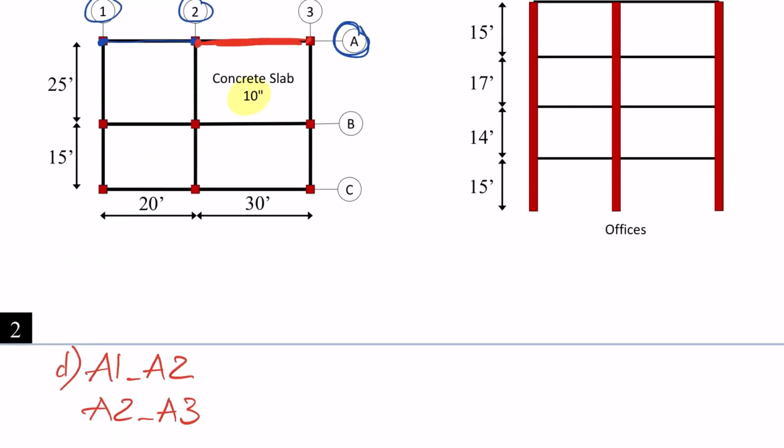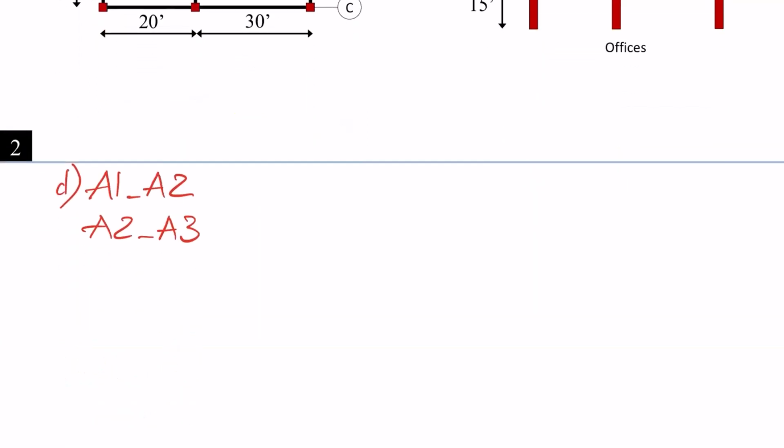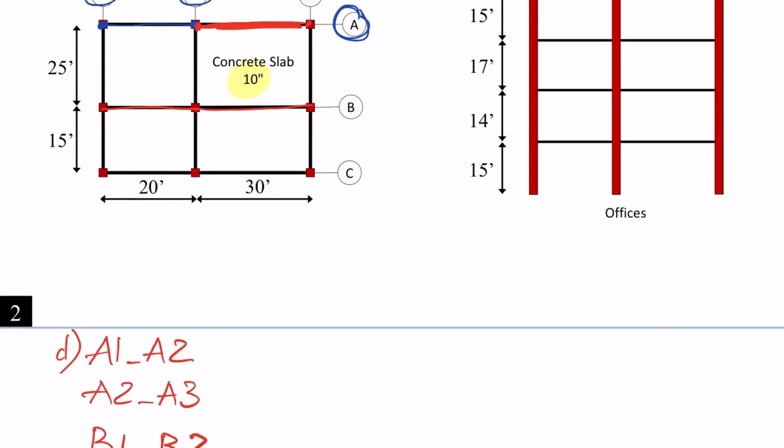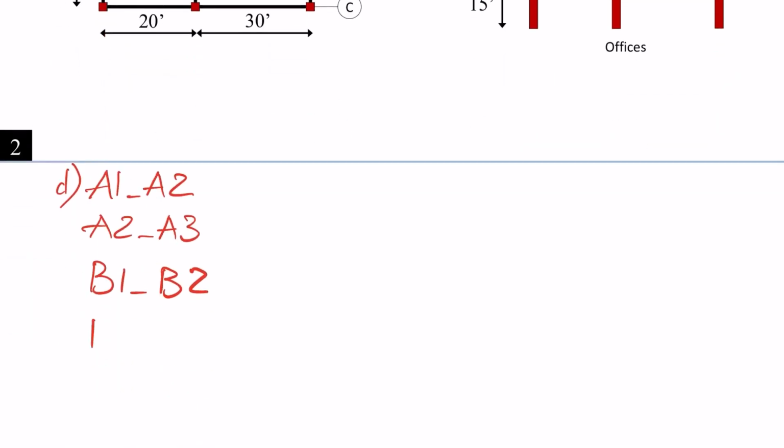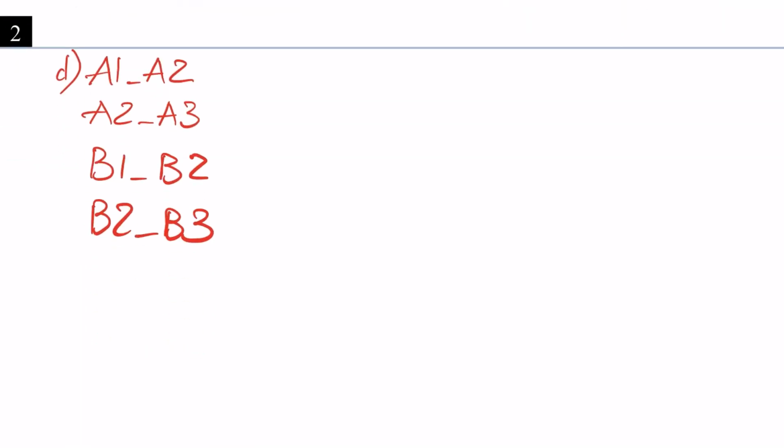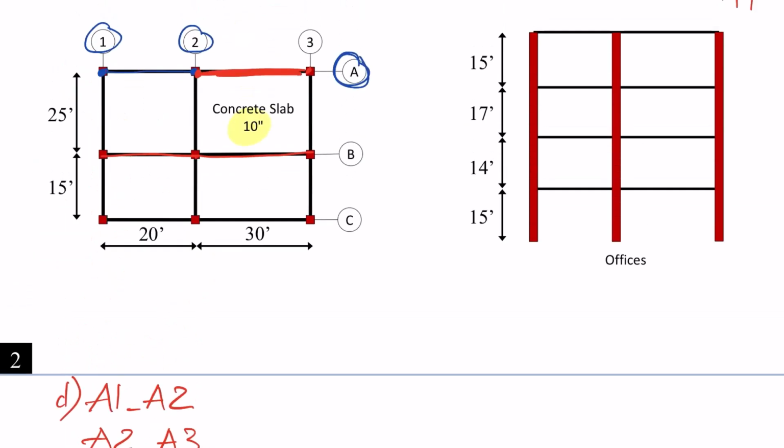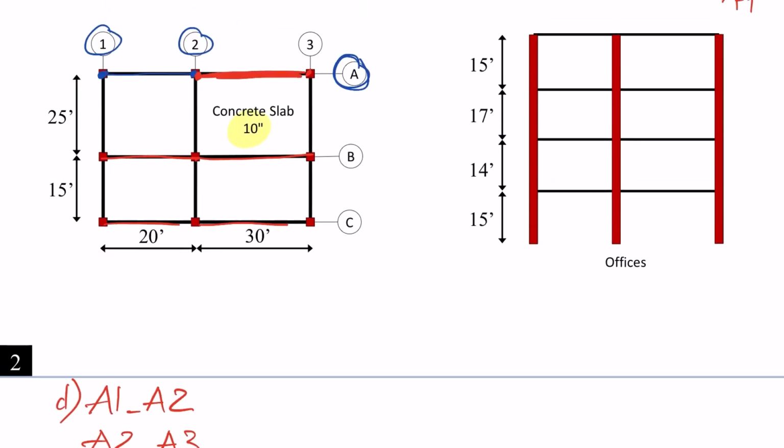Similarly, I'm going to have B1, B2, B2, B3, and then C1, C2, C2, C3. So I'm done with all the horizontal beams.